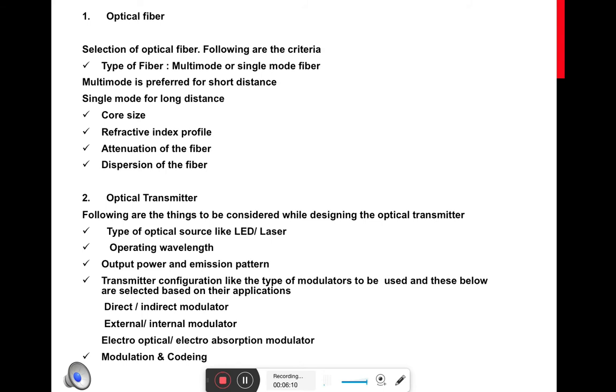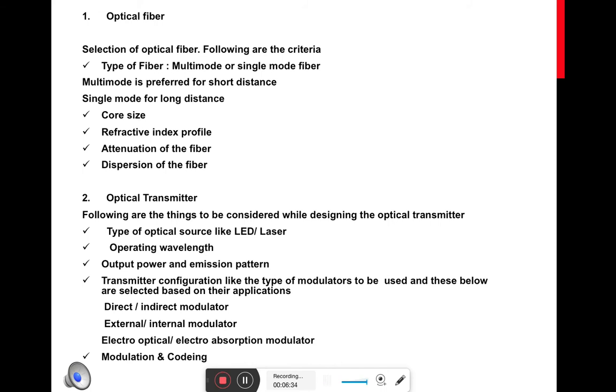For that, let us consider the first condition: optical fiber. What type of optical fiber will he be choosing? He'll be choosing a single mode fiber or a multi-mode fiber. If he wants a short distance communication system, then he should go for multi-mode. If he is looking for a long distance communication system, then he should be looking for a single mode. Then core size is another factor which determines which type of fiber he should be choosing.